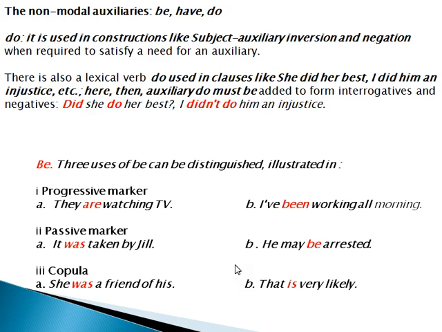Which is the principal verb? Be. So it joins two functions, auxiliary and main verb. When I have this situation, and it only happens with be, I have a case that I call copula. It's neither progressive marker nor passive marker.